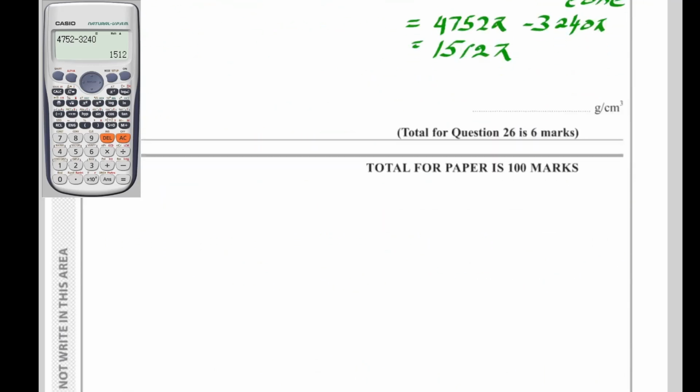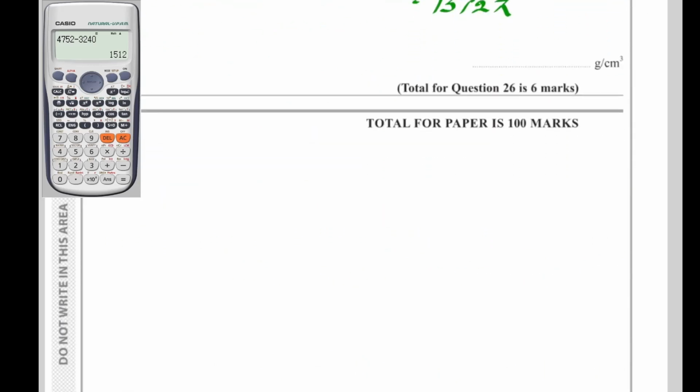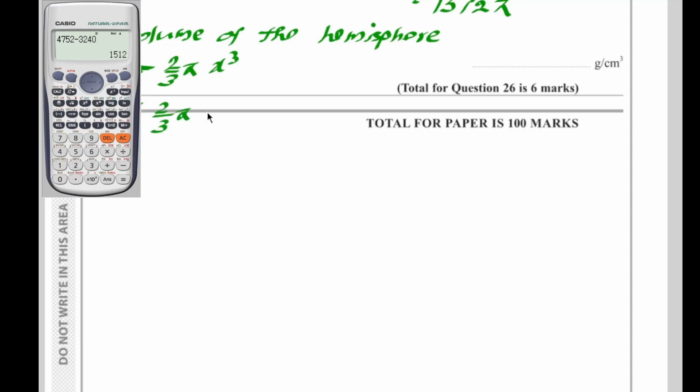So volume of the hemisphere equals 2/3 pi x cube, which comes as 2/3 pi 6 cube.